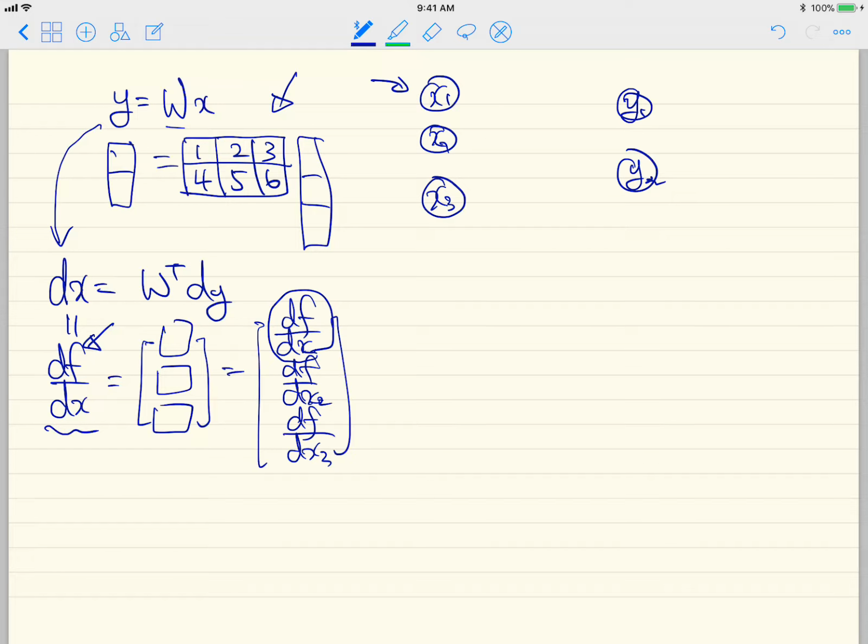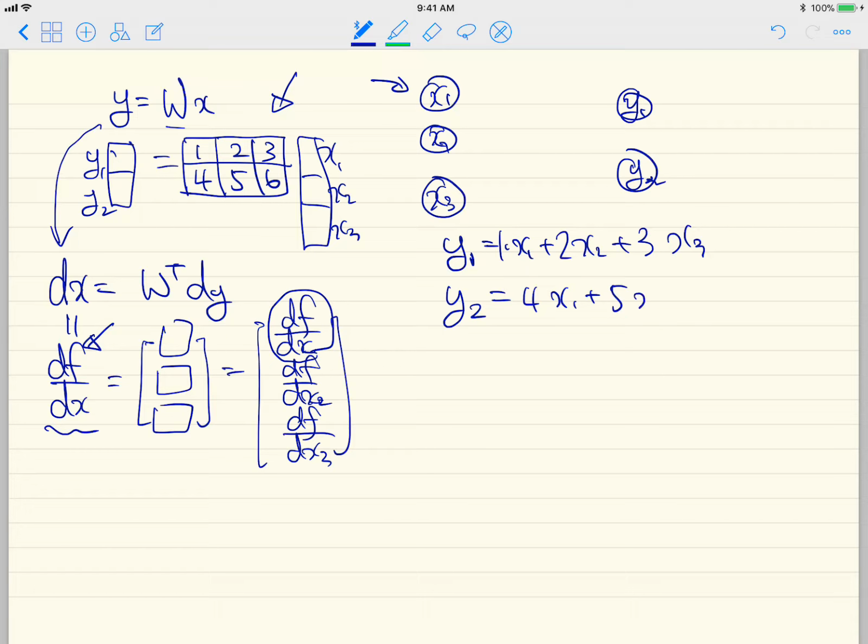Let's write two equations separately, with y1 and y2, and x1, x2, x3. What is y1? y1 is 1 times x1 plus 2 times x2 plus 3 times x3. And y2 is 4 times x1 plus 5 times x2 plus 6 times x3.